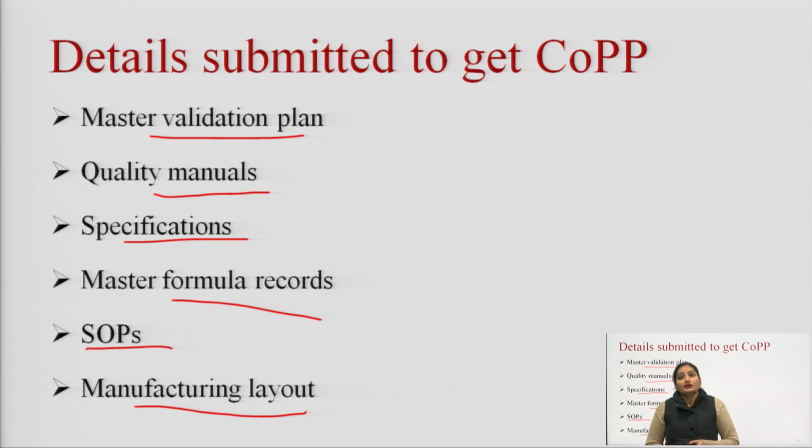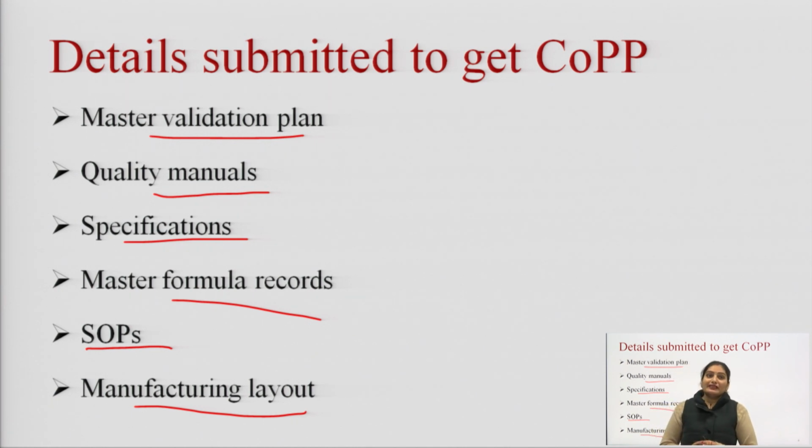So, while submitting an application, there are certain requirements, that is some documents should be mentioned to get the COPP, and these documents are mandatory to submit for getting the approval for COPP.